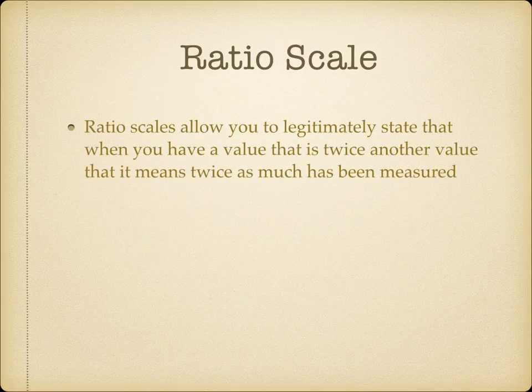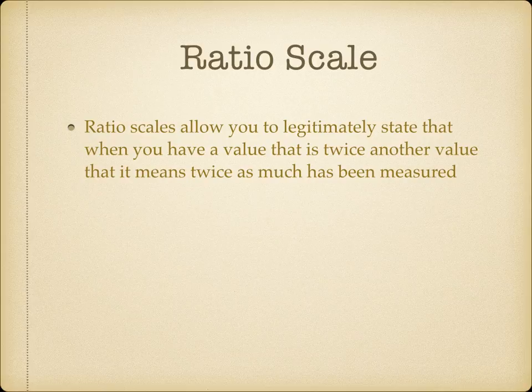Ratio scales allow us to do some important mathematical operations. We can state that when you have a value that's twice another value, it literally means twice as much of it is there. If I have a person who scored 50 on an anxiety scale and another one that scored 25, it would not be rational to say that the person that scored 50 is twice as anxious, because there's no true zero.